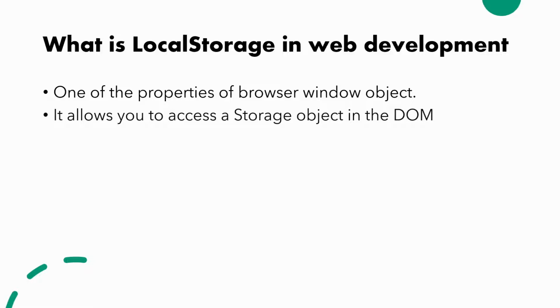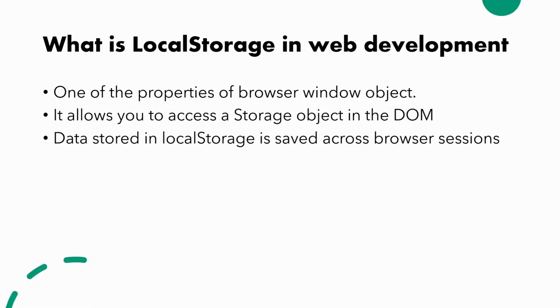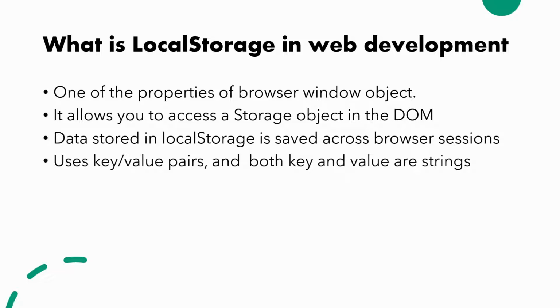And the storage object gives you several methods to manage the local storage in your web application. The data stored in the local storage is also saved across browser sessions. That means when you close your browser and the next time you open it, that data will persist across sessions. The format the local storage uses is a key value pair. Both key and values need to be in a string format.